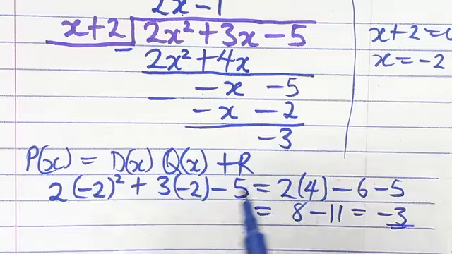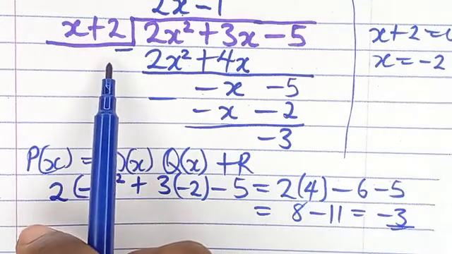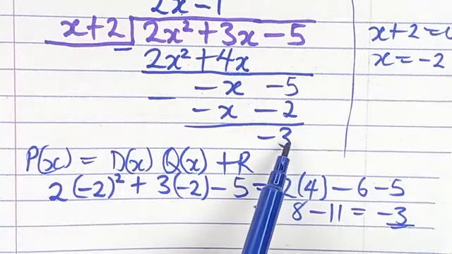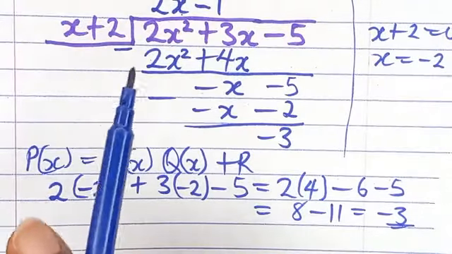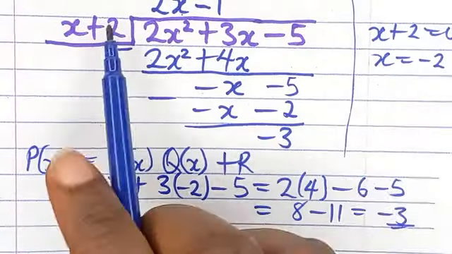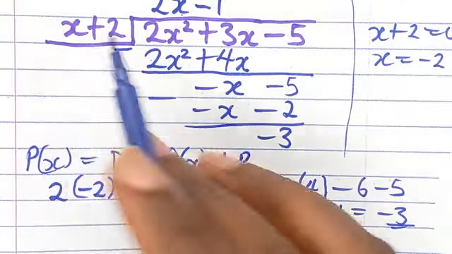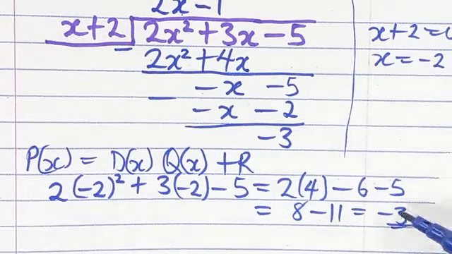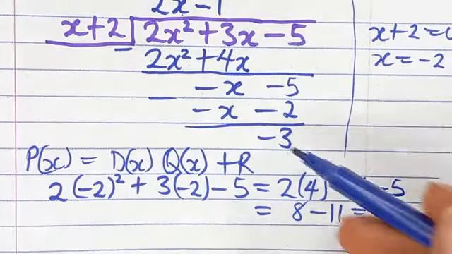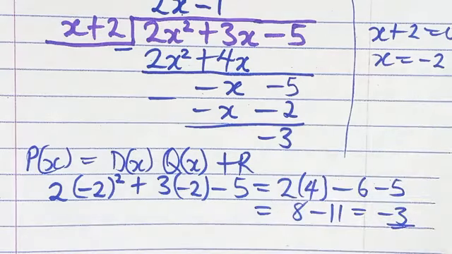Now take note of this, that when we divided this, we got this as the remainder. When we substituted negative 2, the opposite of the constant in the divisor, we got the same answer as the remainder. So just keep that in mind.